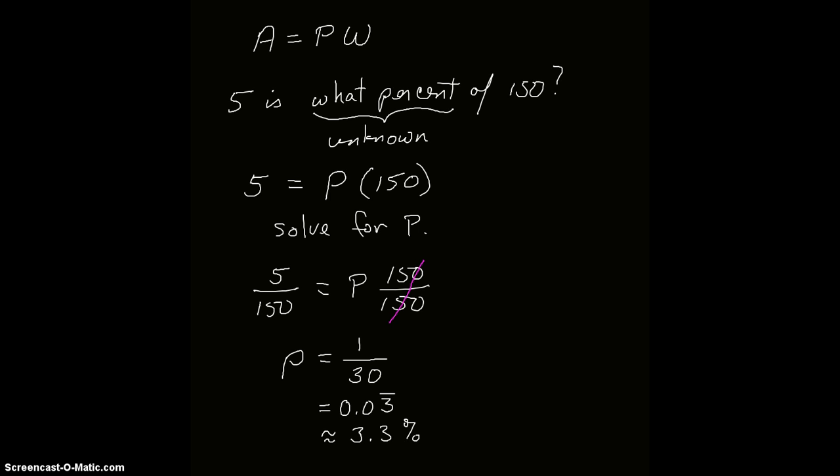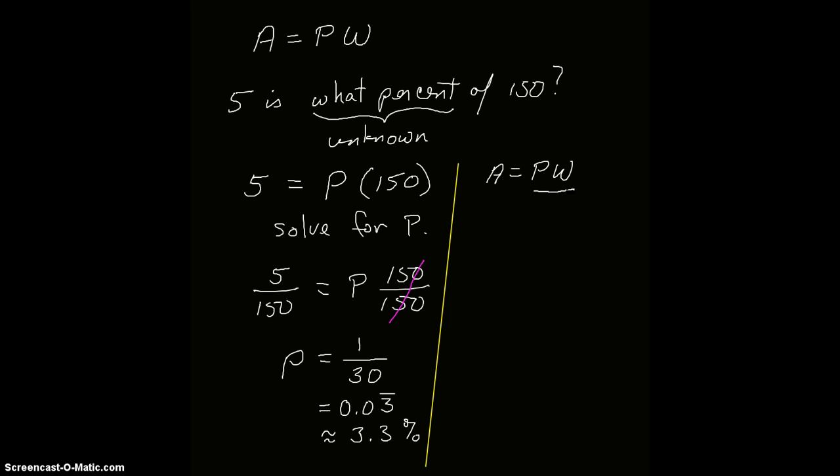Let's take one more look at this. There's another way I could do this problem. I know I want to find percent, so I'm going to start with A is equal to P times W and solve this for P before I even put the numbers in. So this is a formula.